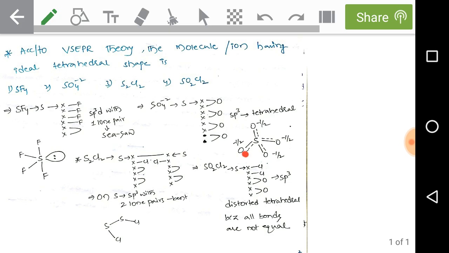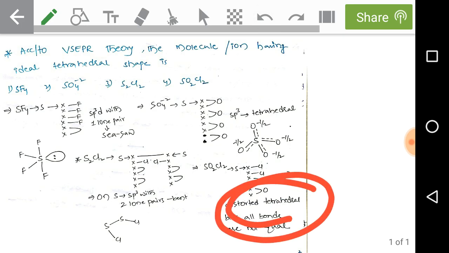And next one, SO2Cl2, where sulfur is the central atom with 6 electrons, and 2 electrons make 2 sigma bonds, and 2 oxygens make 2 sigma and 2 pi bonds. So here it is sp3 hybridization, without a lone pair of electrons, but with different bondings. You can see sigma bonds with two chlorines, and sigma and pi bonds with oxygens.